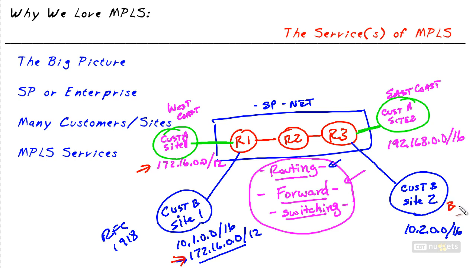If we have Bob over here at customer B site 2, and he sends a packet to 172.16.0.50, that traffic, that transit traffic, needs to be forwarded over to site 1 of customer B, not to that IP address at site 1 of customer A. So somehow we need to keep that routing information private for each of our customers, so that the results will be customer A will only share routes with other customer A sites, or at least the ones they want to share with, and customer B will only share with other customer B sites.